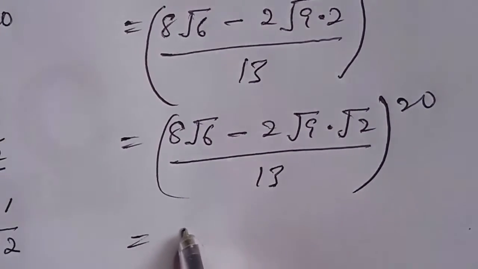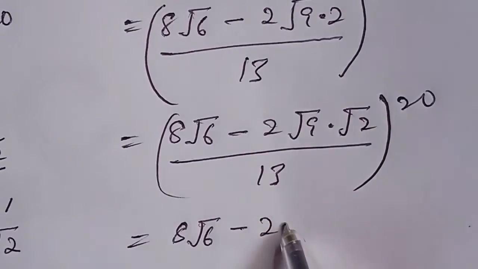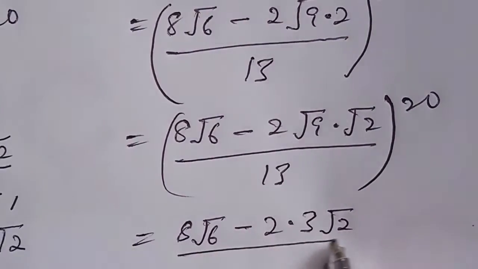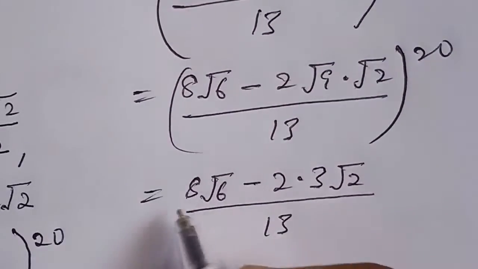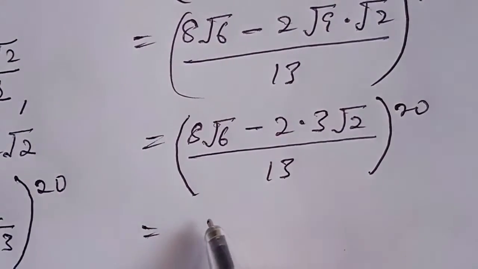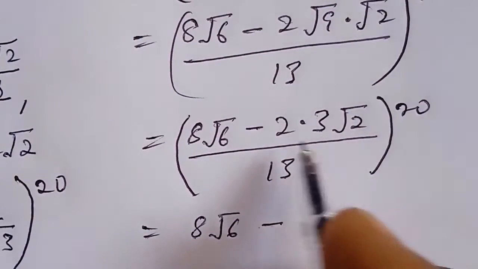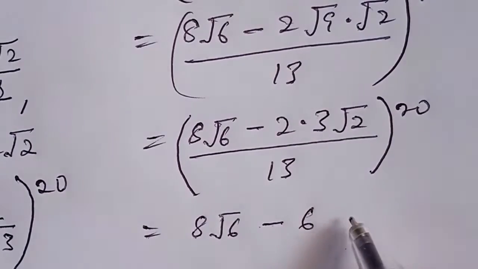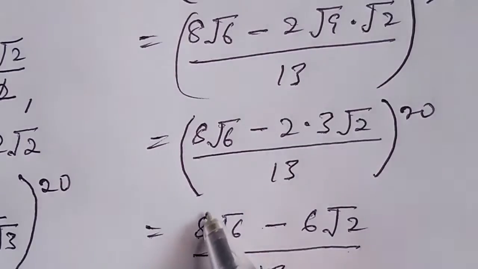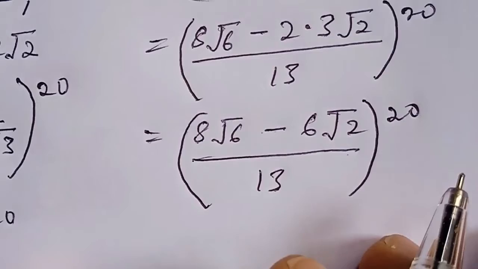And this will be equal to 8 square root of 6 minus 2, then square root of 9 is equal to 3, then square root of 2, over 13 to the power of 20. And this is equal to 8 square root of 6 minus 2 multiplied by 3, we have 6, then square root of 2, over 13, everything into brackets to the power of 20.